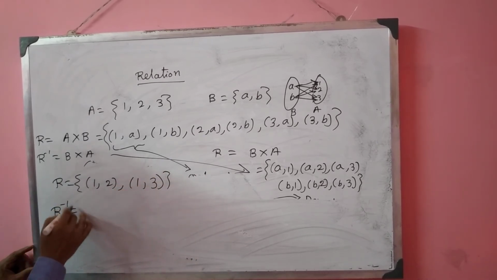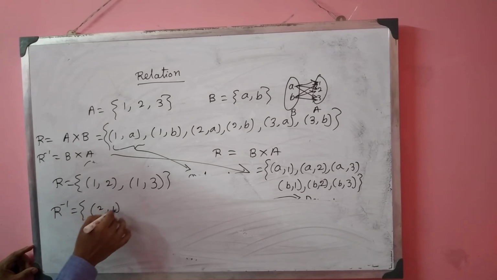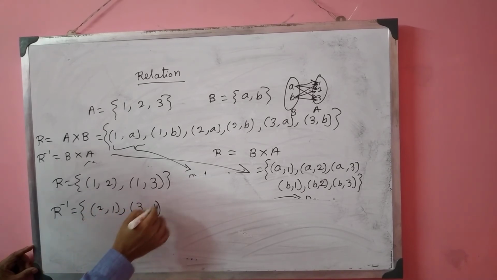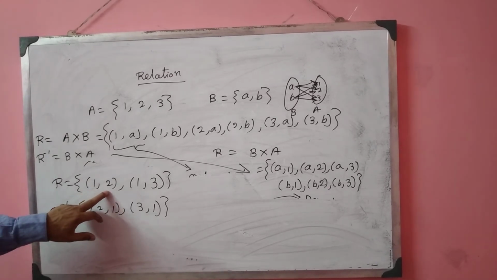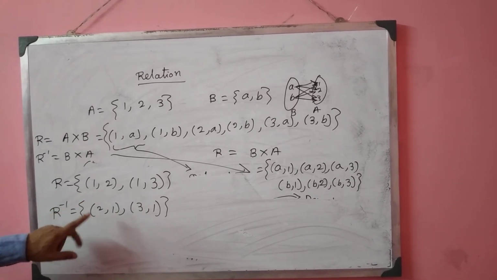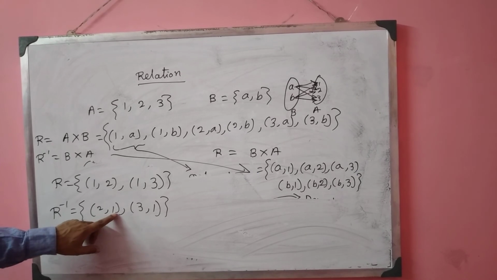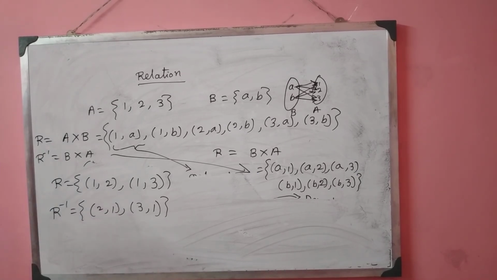Therefore R inverse equals {(2,1), (3,1)}. For R, 1 is the domain and 2 is the range. For R inverse, 2 is the domain and 1 is the range. Just inverse: domain is replaced by range and range is replaced by domain.